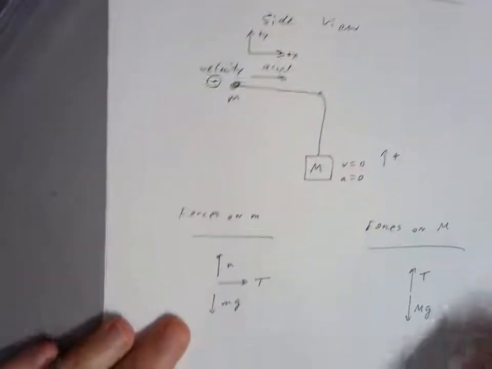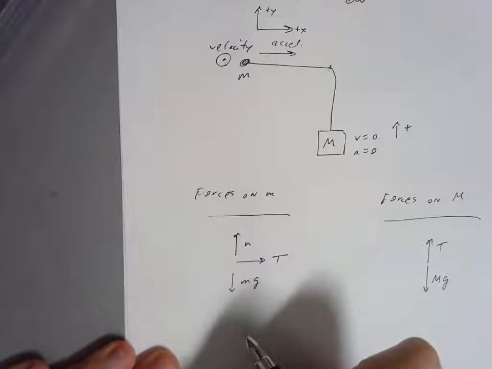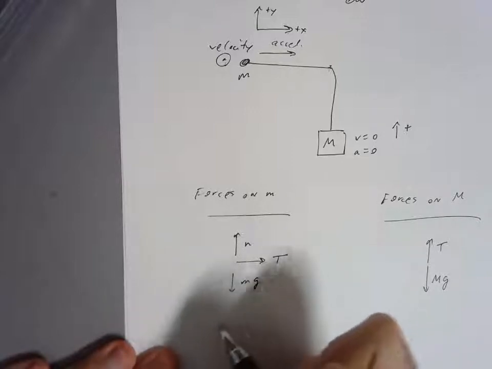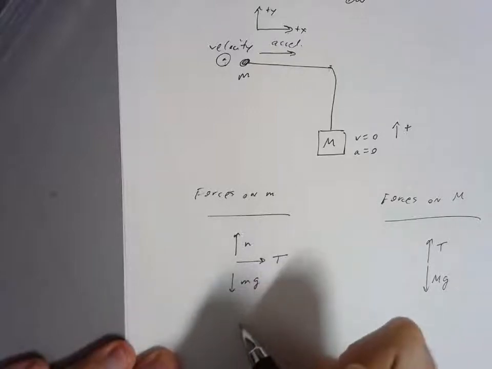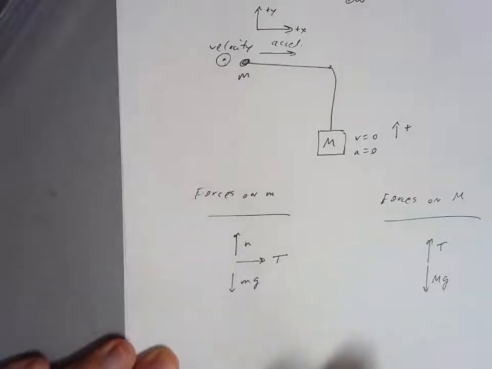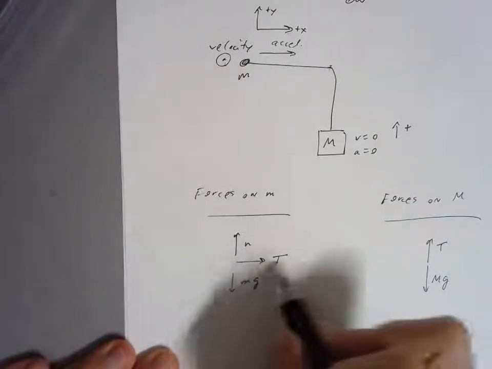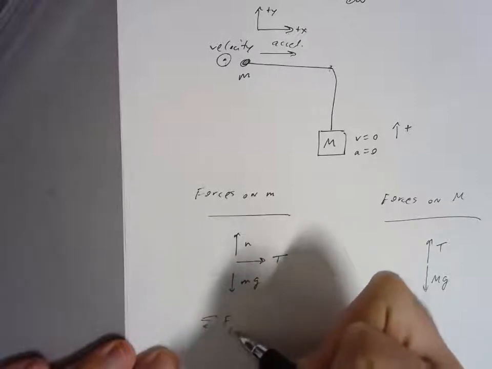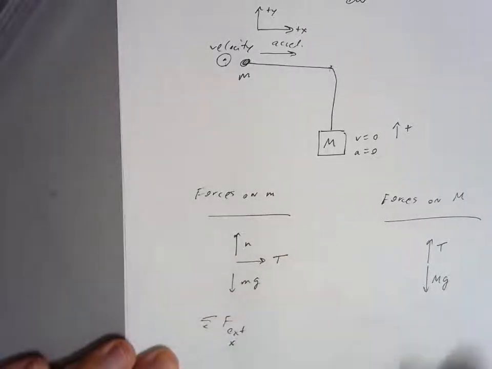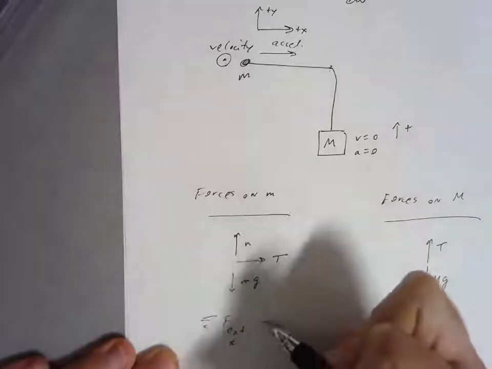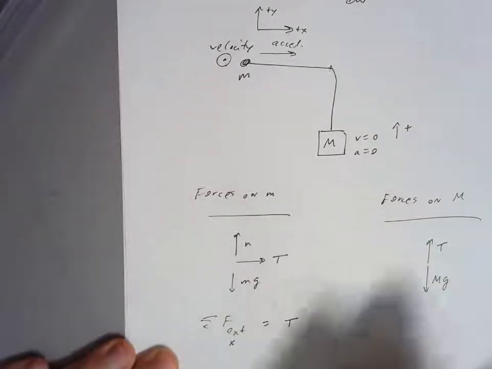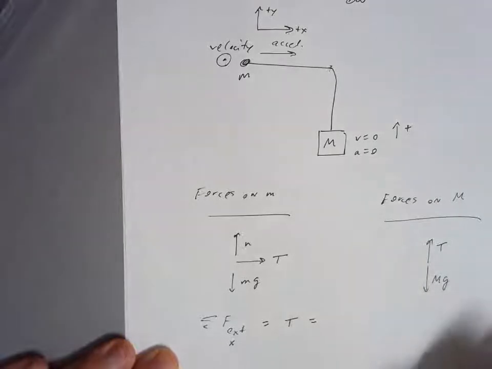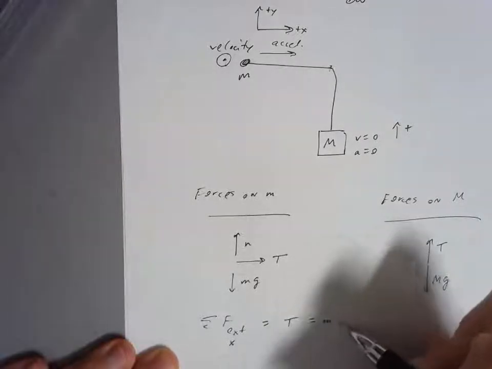Okay, now we're going to do our net force equations. I'm just going to do the x equation for the mass on the table. Net force external in the x direction is equal to T. That's the only force, so that's equal to the mass times the acceleration in the x direction.